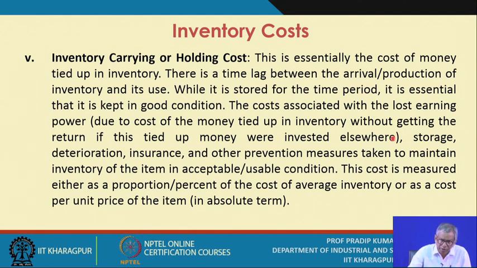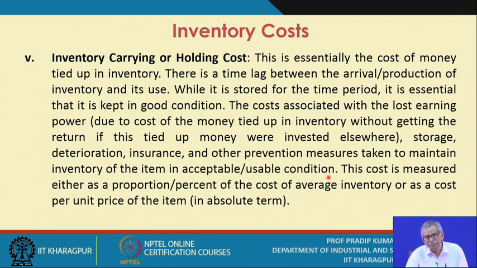That means you keep the item till it is used in acceptable good condition. So you need to look into the storage cost, you need to look into the deterioration cost, what sort of insurance premium you provide or need to bear, and other prevention measures taken to maintain inventory of the item in acceptable and usable condition.